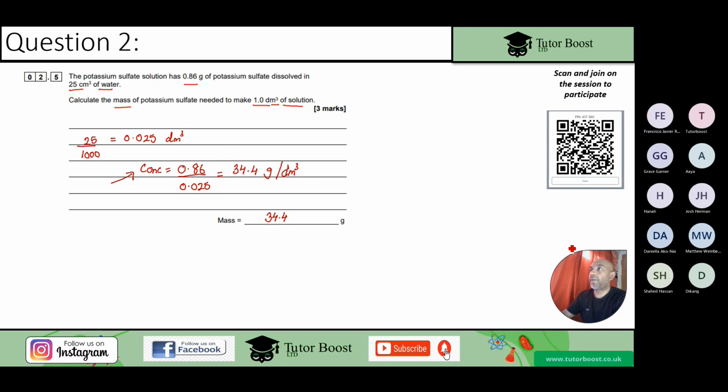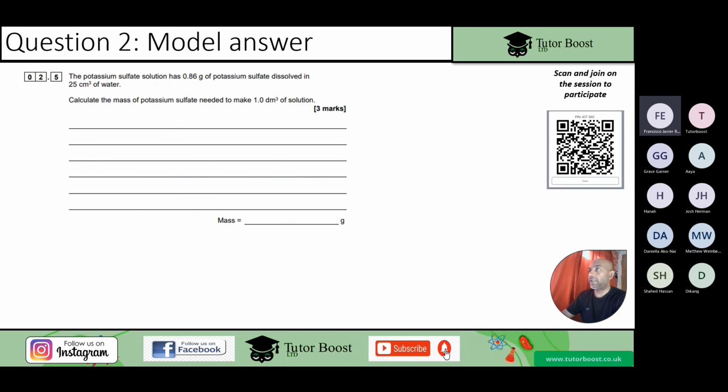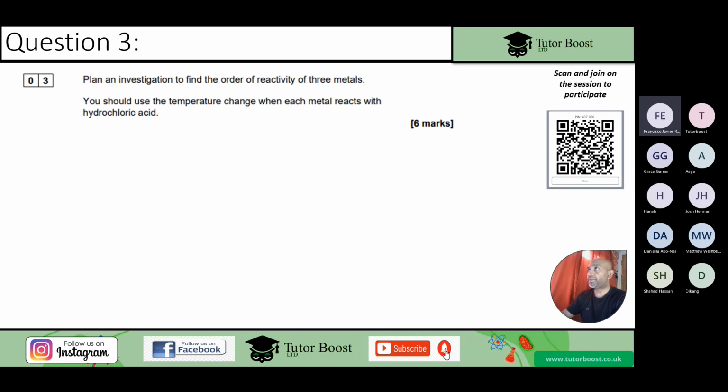Next question. It's basically the same question. Question 3. This is going to take a little bit of time, and I would like you to try it. I'll give you enough time. Plan an investigation to find the order of reactivity of 3 metals. So the question is asking you to plan. So you will need a method.